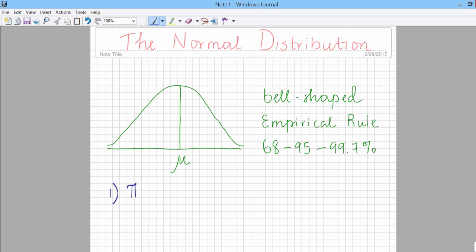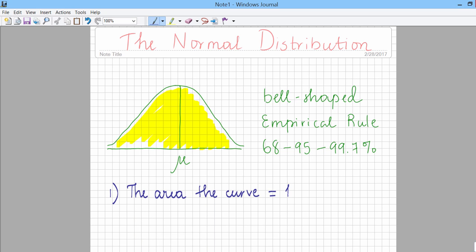The area under the curve of the distribution, if you were to compute this, you would do it by integrating a function. Okay, don't worry, you're not going to need to use that. The area under the curve is equal to 1.